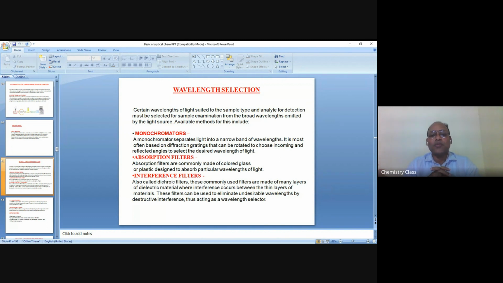So the monochromator is an important method for the selection of light.